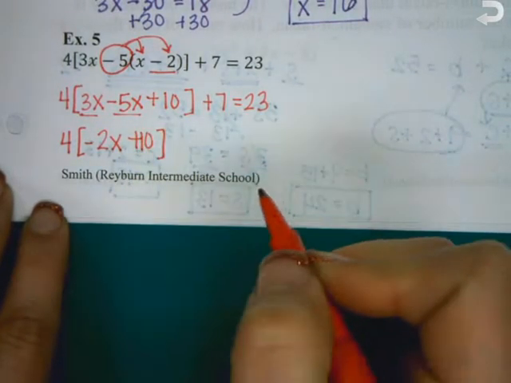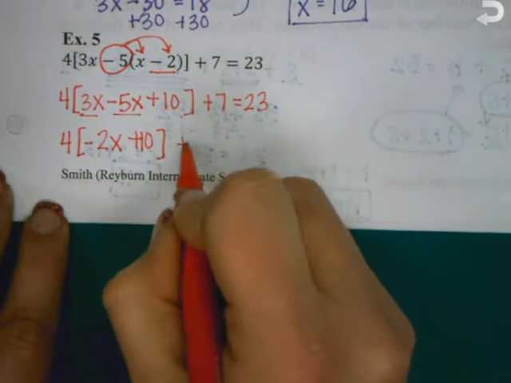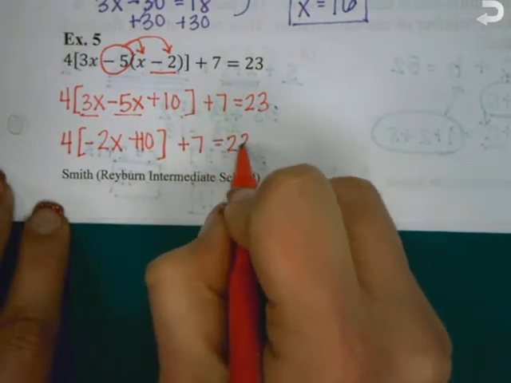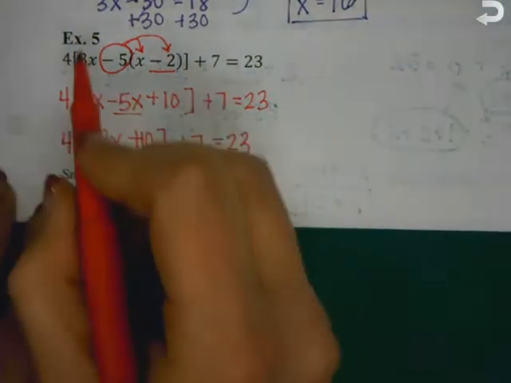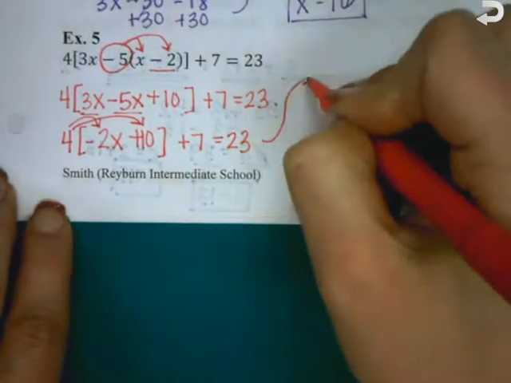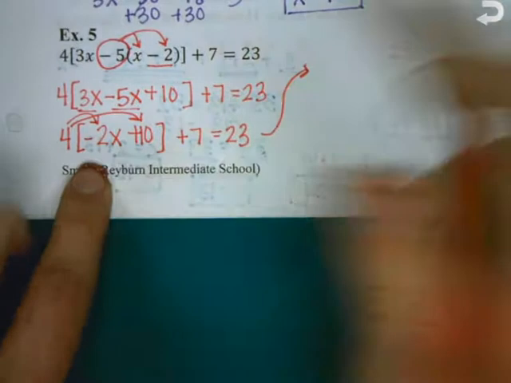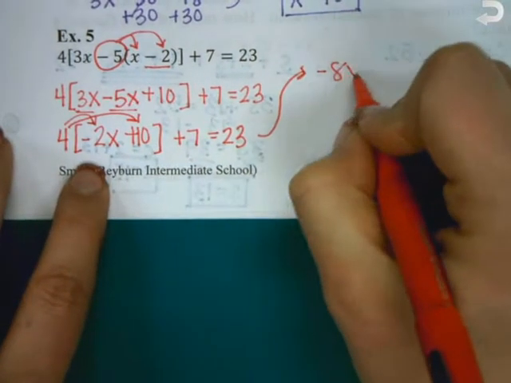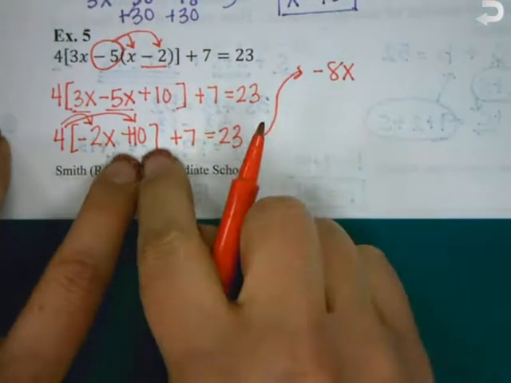Now we can distribute the 4. So 4 times negative 2x gives me negative 8x. 4 times positive 10, plus 40 plus 7 equals 23.